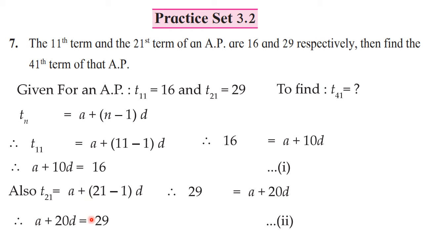So if we subtract these two equations, then A will be eliminated and we will get the value of D. We will subtract equation 1 from 2 because in equation 2, this 20D is bigger. To get the positive answer, we are subtracting equation 1 from 2 so that A can be eliminated. We will do that in the next step.